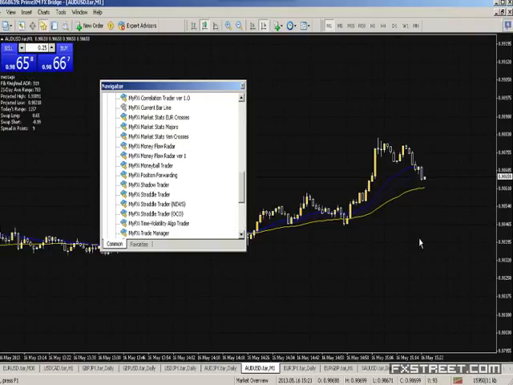NFP comes out, and all of a sudden, the next price is 100 pips away. That doesn't really happen these days anymore. Okay, so that's one of our types of volatility trades, event-driven. What about the more bread and butter type?